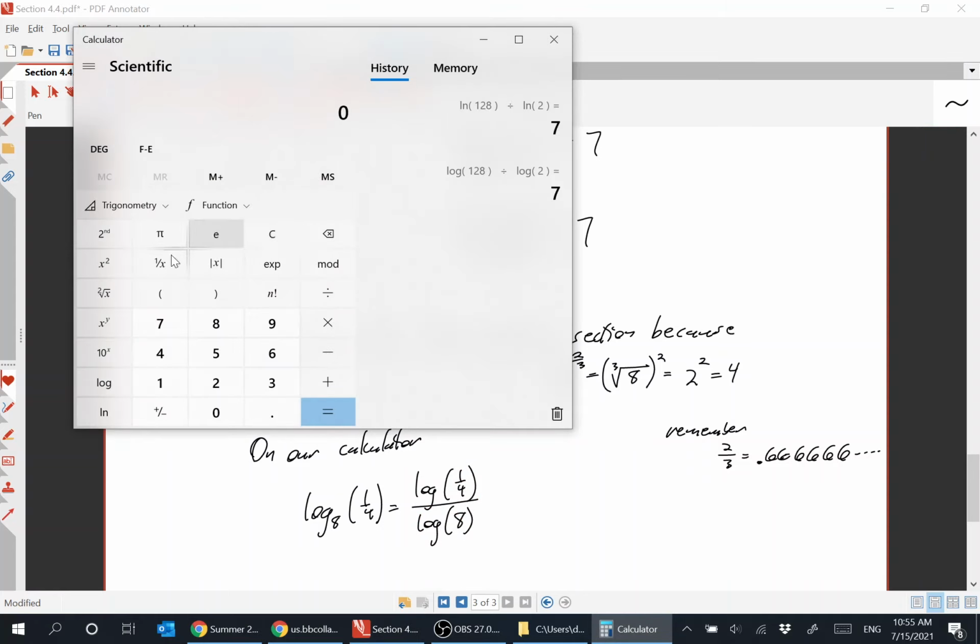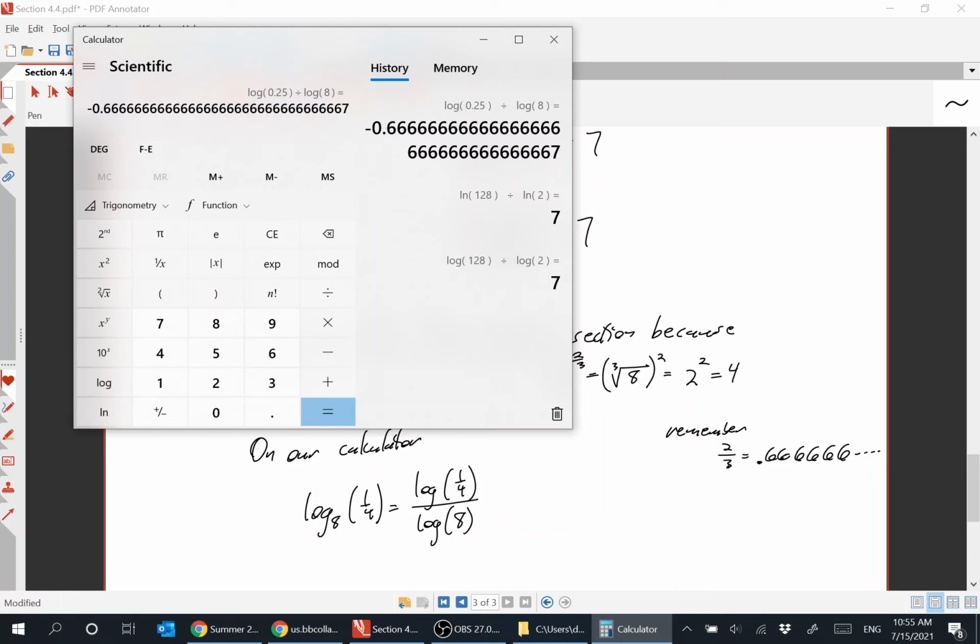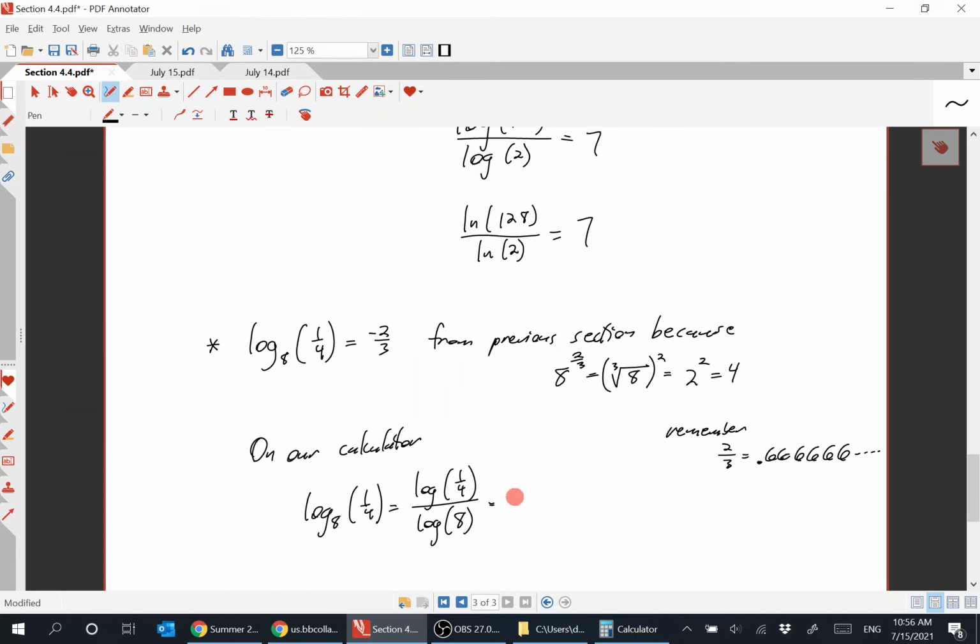So let's calculate that. 1/4 is 0.25. So 0.25 log divided by 8 log equals negative 2/3. Of course, the calculator only has so many decimal places of accuracy, so it rounds the last one off with a 7 instead of a 6. But that's negative 2/3.